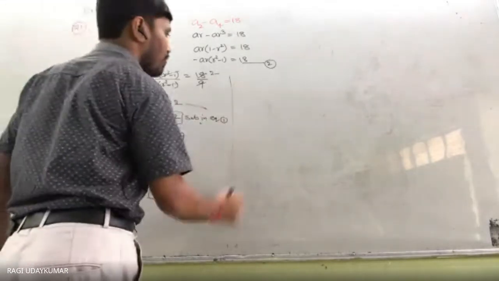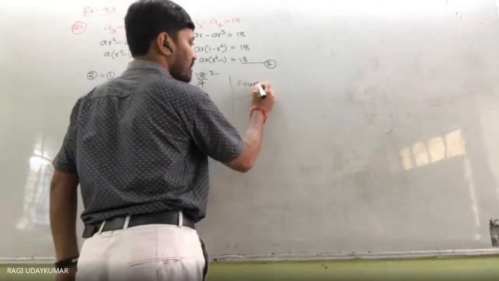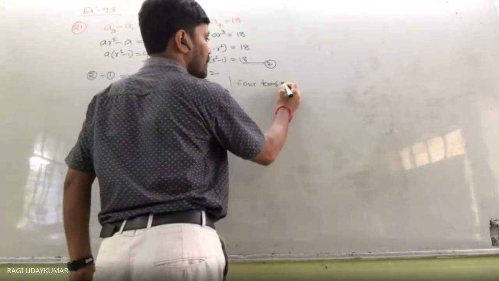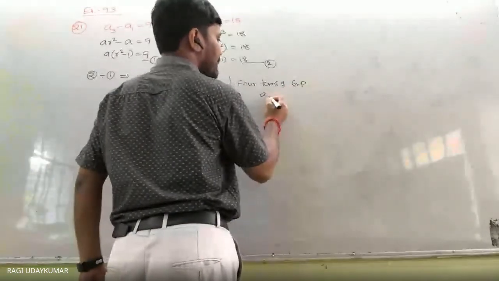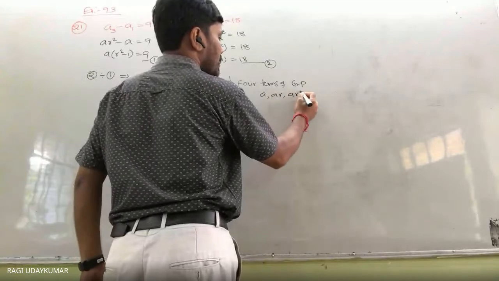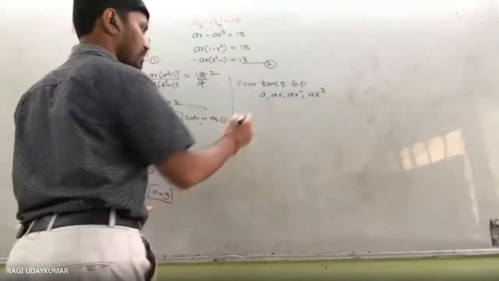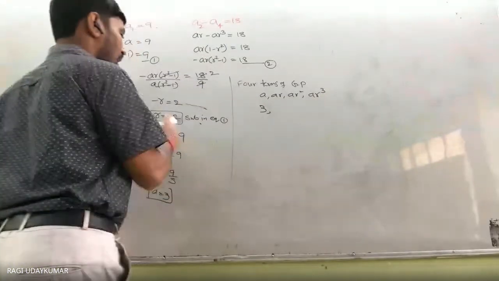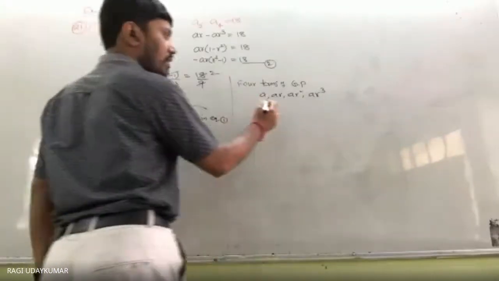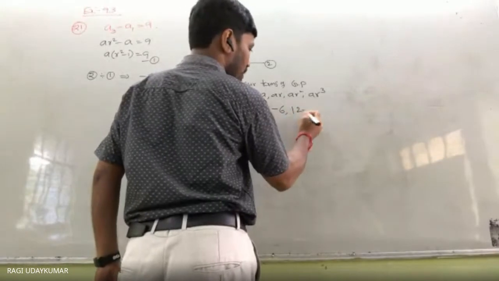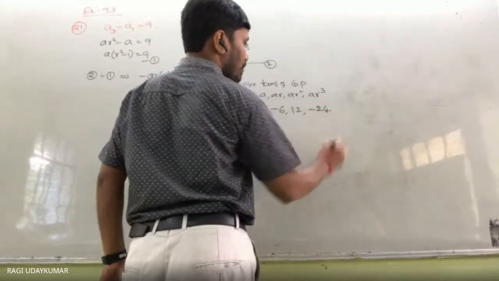Therefore, the 4 terms of the geometric progression are a, ar, ar square, ar cube. A is equal to 3, r equals minus 2: 3, minus 6, plus 12, minus 24.